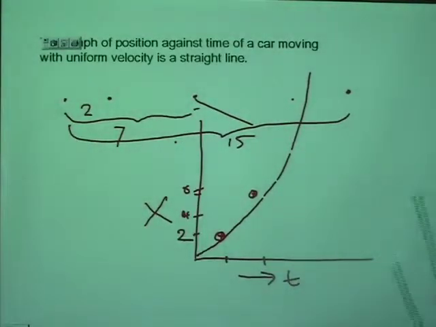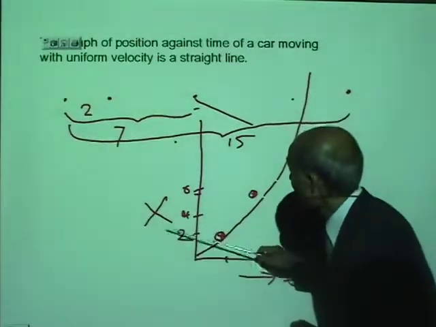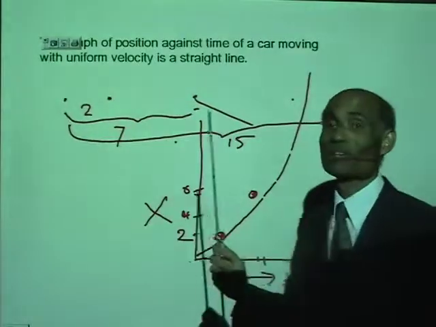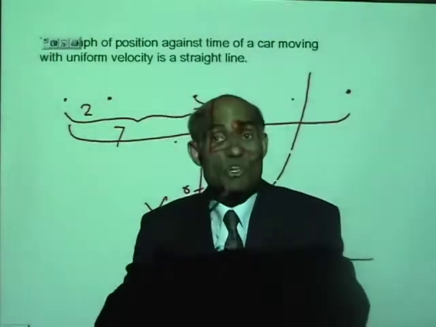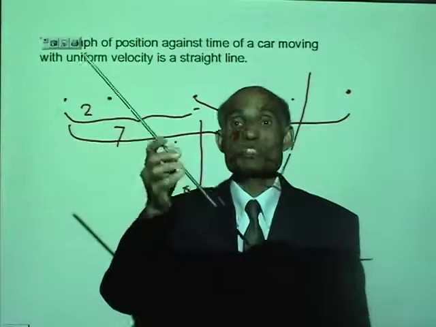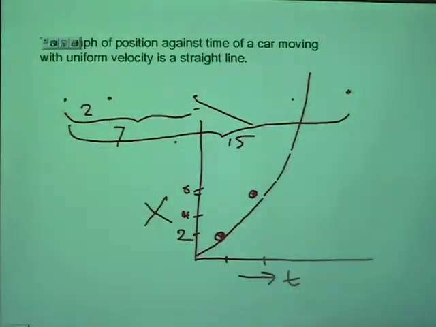So, if an object has a positive acceleration, the graph of distance versus time will curve up. If the object has no acceleration, if the speed is uniform, the distance against time will be a straight line. Alright? Now you need to understand that in order to understand the motion of objects.